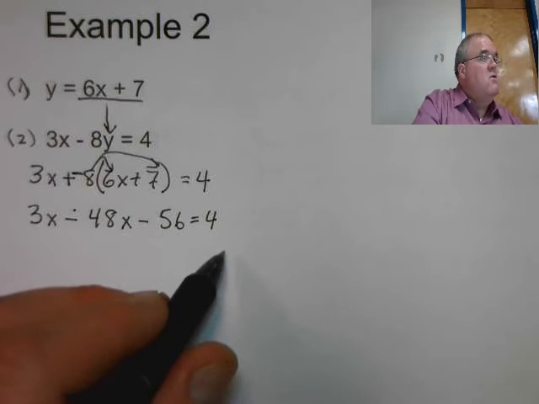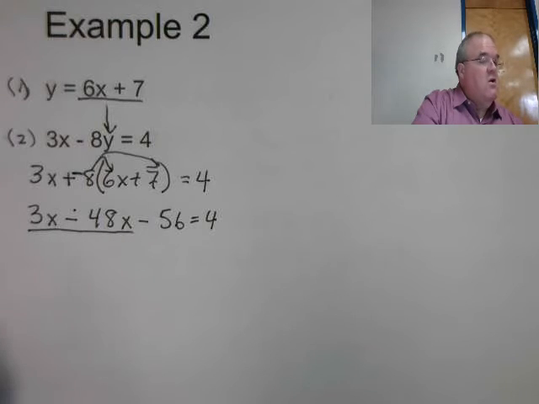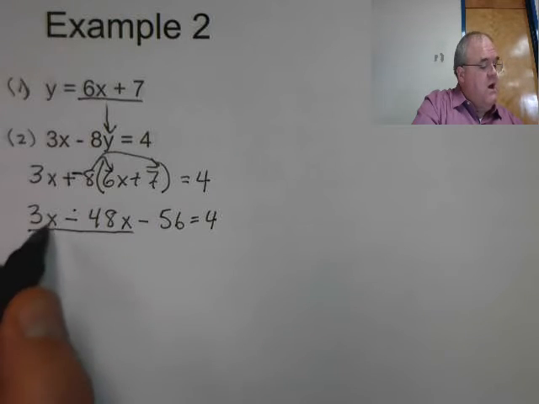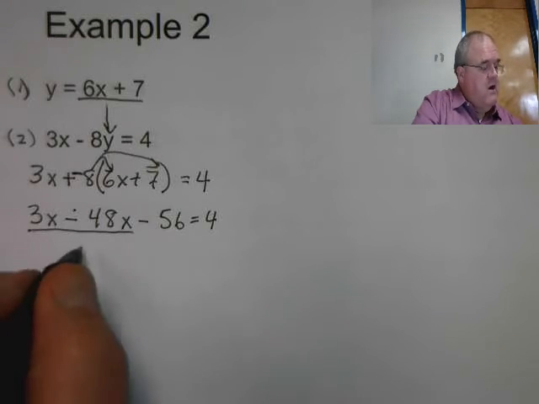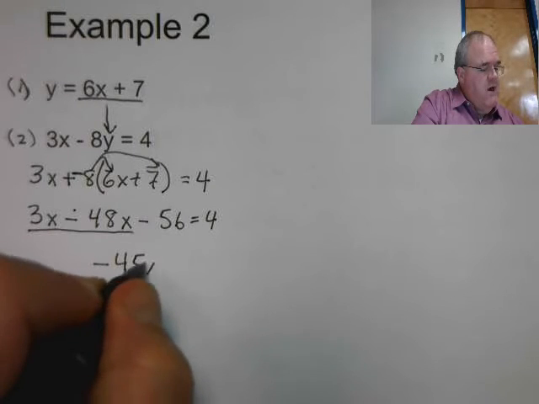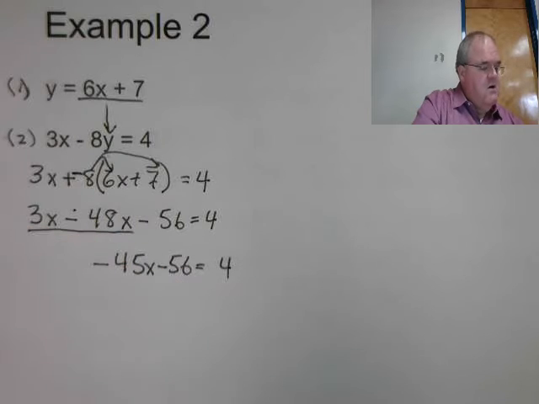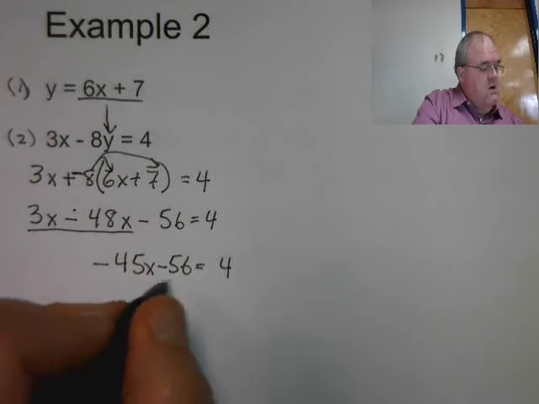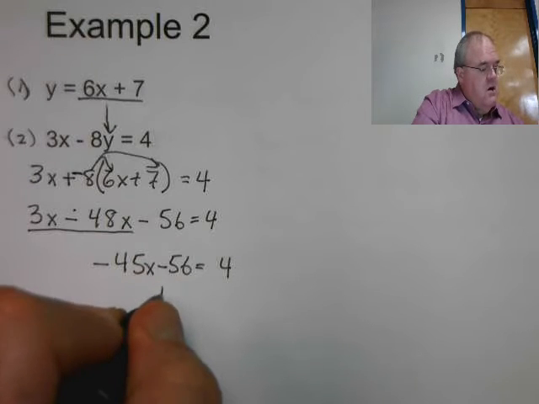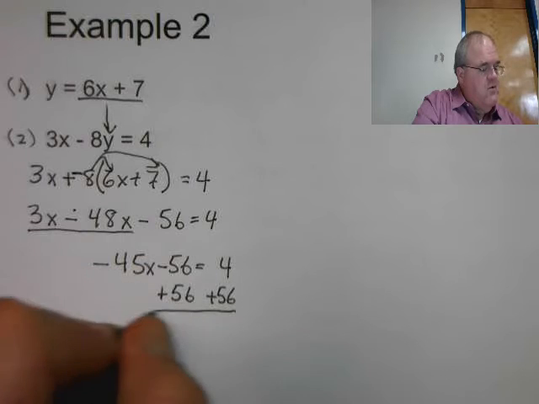So now I want to combine like terms. I'm going to combine those two. 3x minus 48x is negative 45x minus 56 equals 4. So now I'm going to add 56 to both sides.